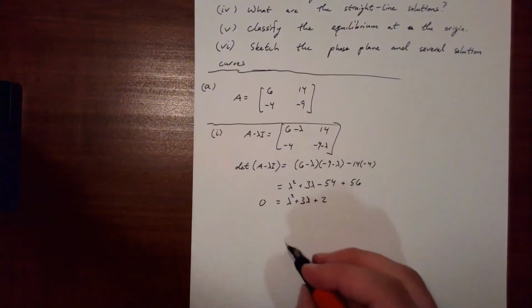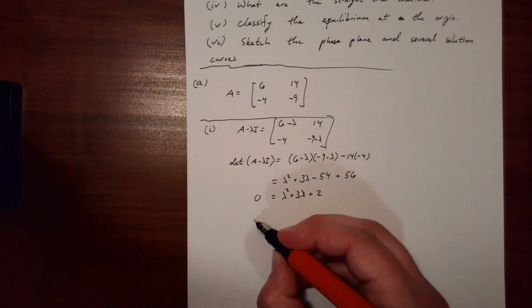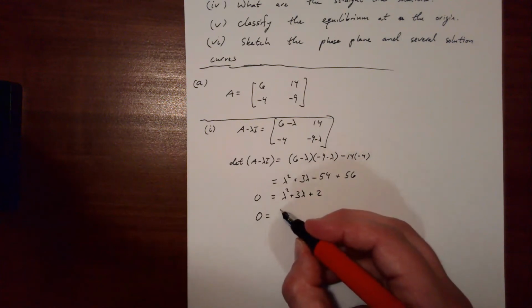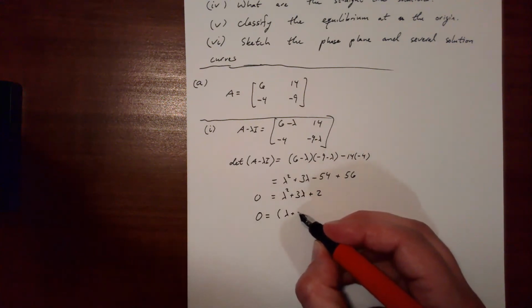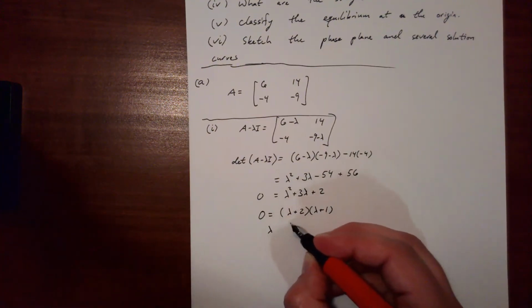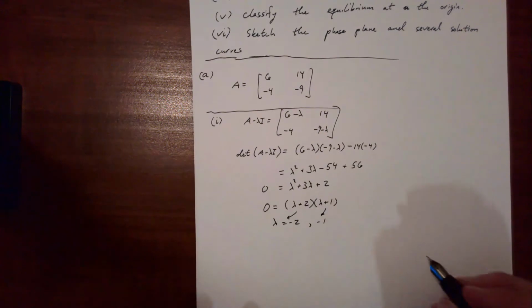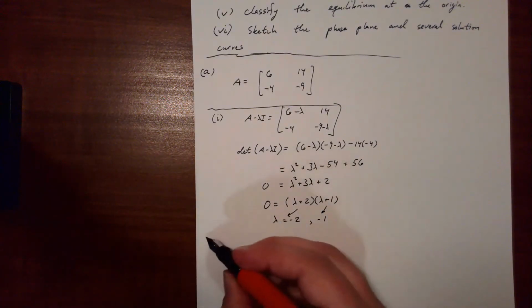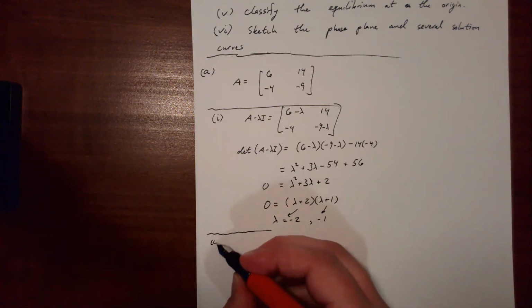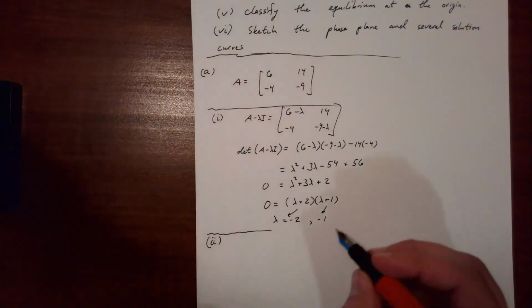And now I will discreetly pretend this was set equal to 0 the whole time so that I can solve for lambda. I factor this, and it's (lambda plus 2)(lambda plus 1), which gives us lambda equals -2 and lambda equals -1. Now the greater of the two lambdas is the dominant eigenvalue, which here means lambda equals -1.